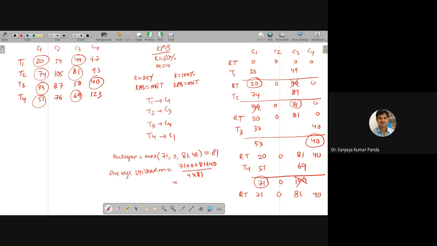How much are you getting here? Can anybody calculate? Are you getting the same value? This will come as 192, and 81 into 4 gives 324. That is equivalent to 59%.